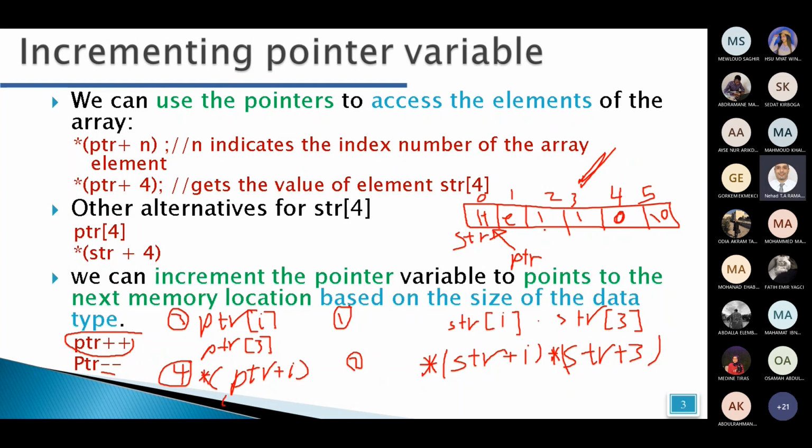So the third element means ptr plus 3, and we have a star because we speak about a pointer. So 1, 2, 3, 4 ways, because we have the array as a pointer and the pointer points to the array.